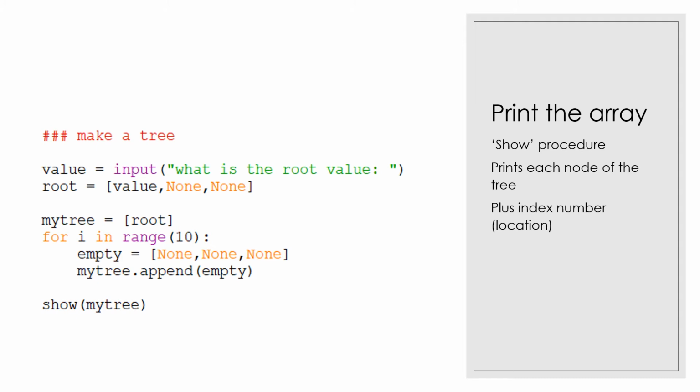It will print out every element of the 2D array. So here it is. For i in range len tree, print i and tree at position i. So you try that and print it out, and it'll just print out your nice empty 2D array.